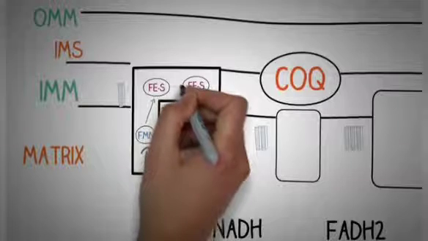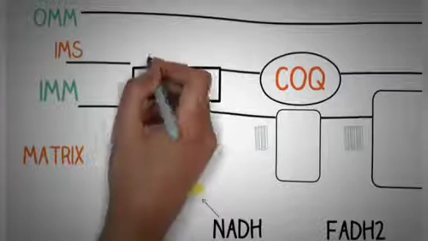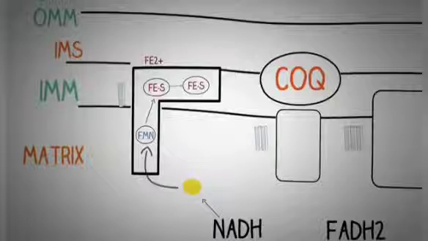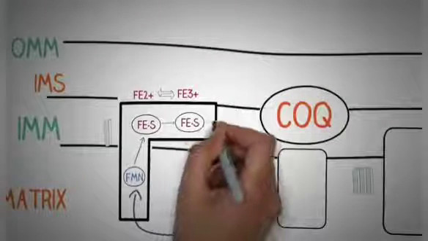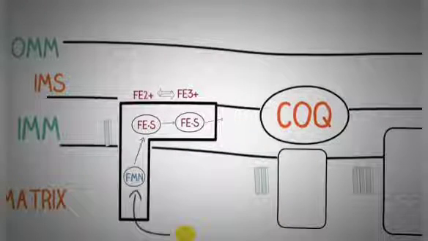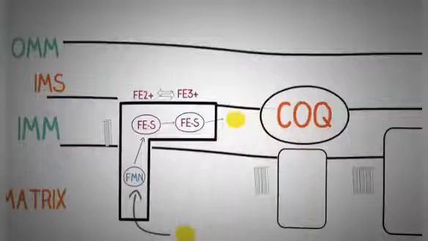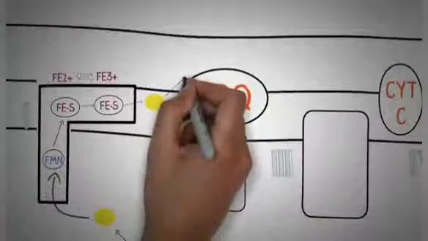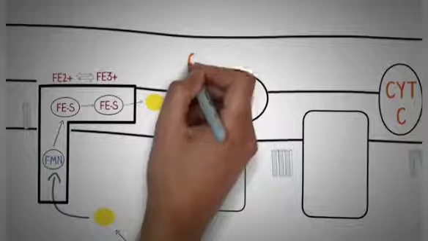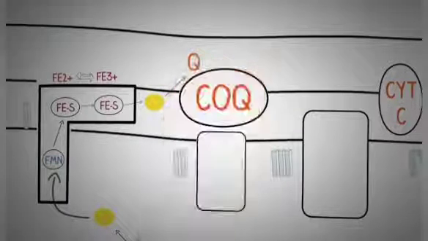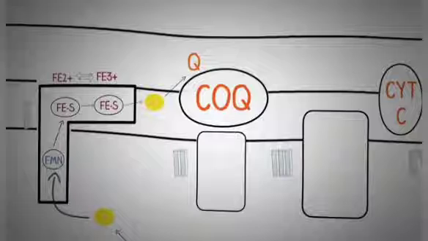These are redox reactions in which the iron ions go from the ferrous state to the ferric state depending upon when they receive and when they donate the electrons. In the next step, the iron sulfur proteins donate the electrons to coenzyme Q. Q is the ubiquinol, which is a freely permeable molecule inside the inner mitochondrial membrane.